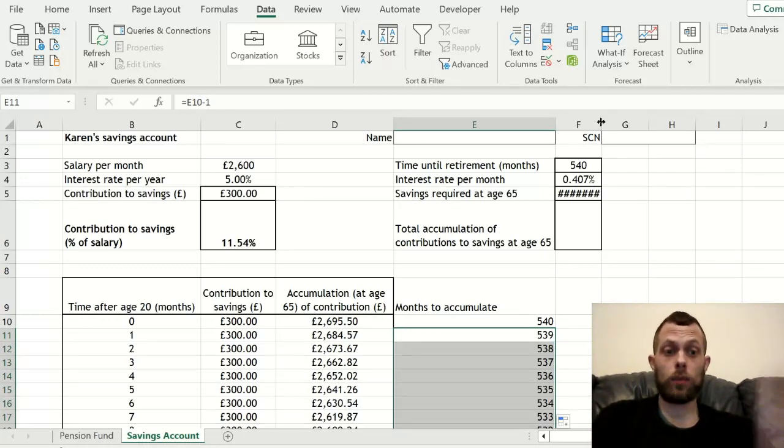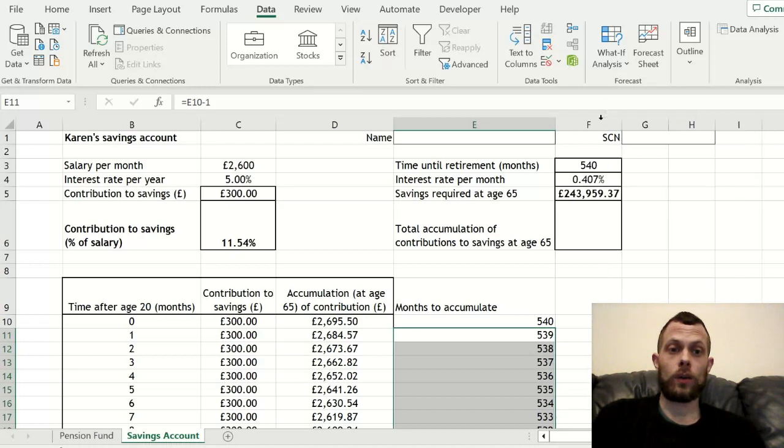The months to accumulate goes down as the time in months goes up. Now I'll fix the width of that savings column just by double clicking in between the F and the G. It makes the cell column wide enough for everything to fit.